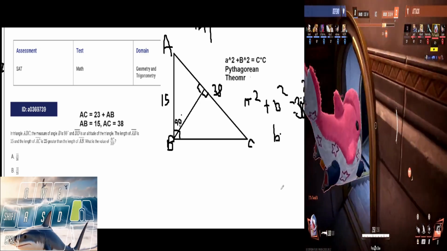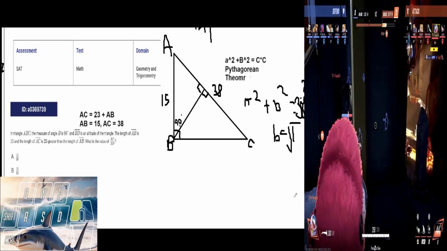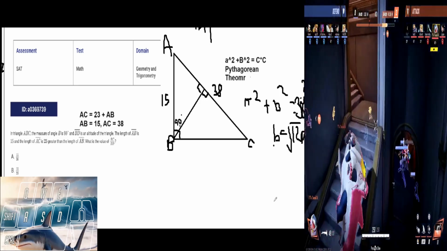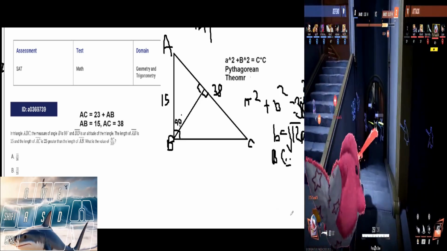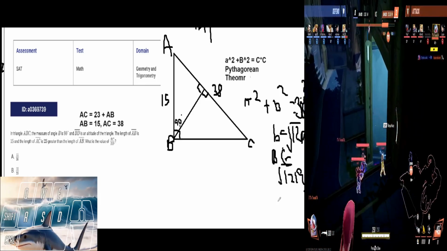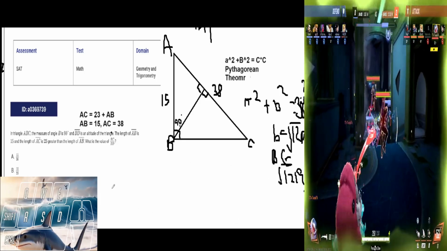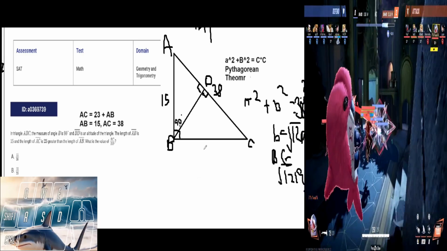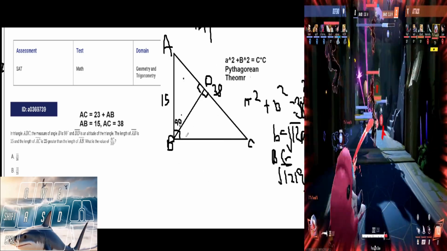And so B equals the square root of 1,219. That's BC, equals square root of 1,219. Okay, now we have to find BD, but how are you supposed to find the length of this altitude?